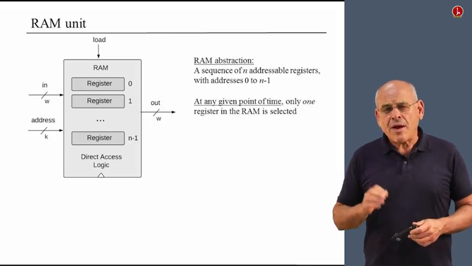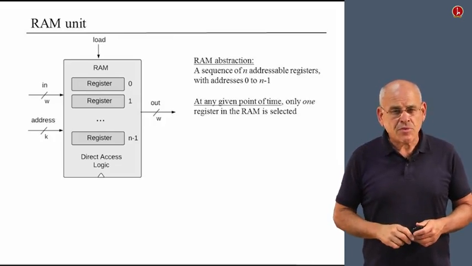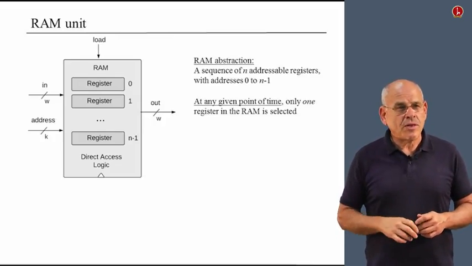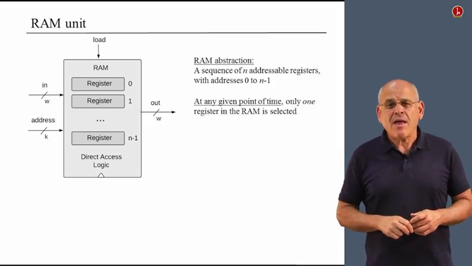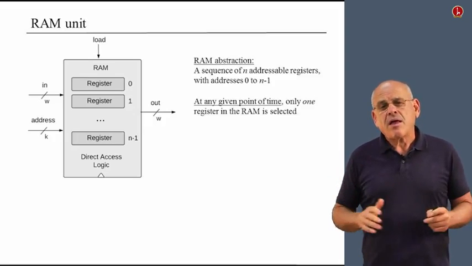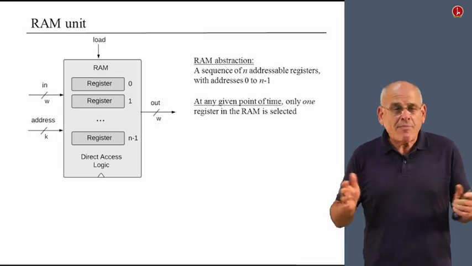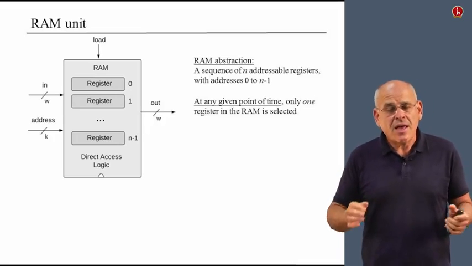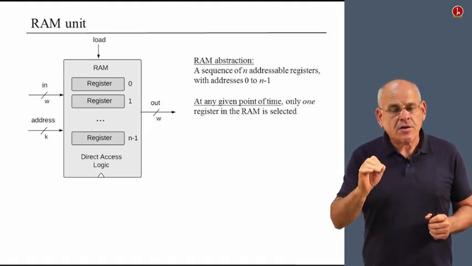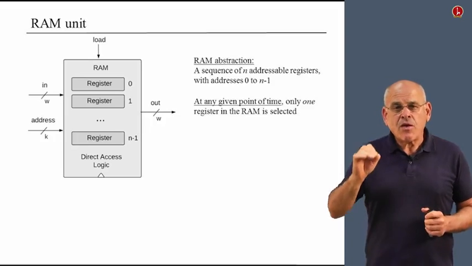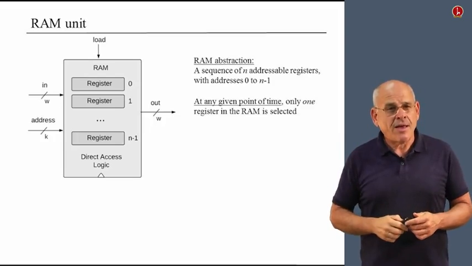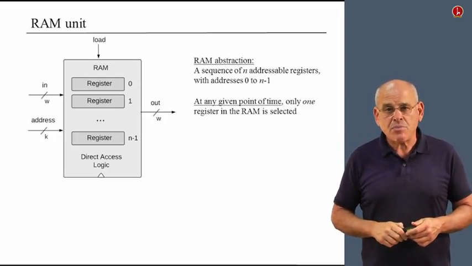Now, there's one thing which is very important to emphasize, which makes this whole notion of RAM much easier to comprehend. Irrespective of how many registers you have in this RAM unit, and it may well have millions of such registers, at any given point of time only one register is selected, and only one register is interesting. All the other registers don't take any part in the game, so to speak.